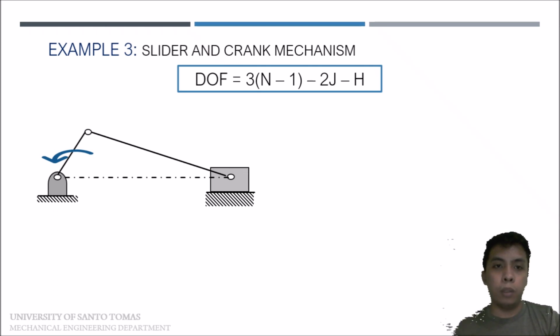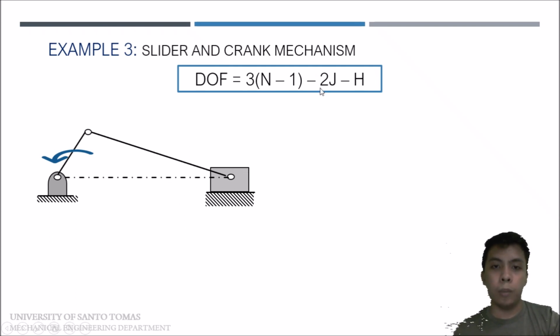Next example is a slider and crank mechanism. So in a slider and crank mechanism, this link is considered as the crank, which rotates 360 degrees. So when this link rotates, this slider will follow. So let's compute the degrees of freedom of this mechanism.